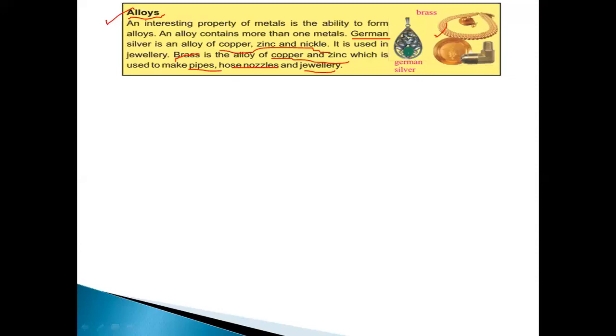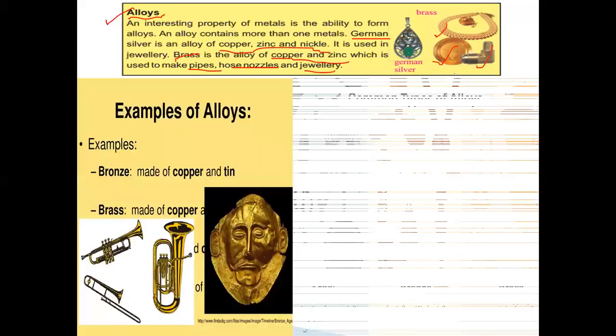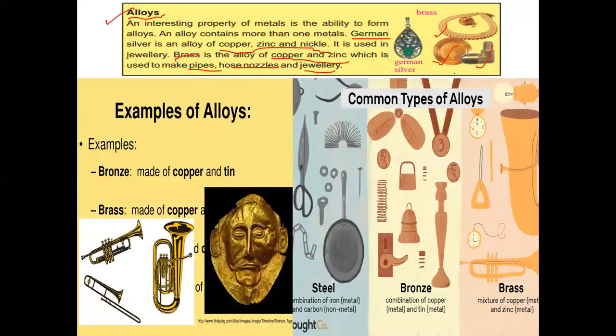You can see brass jewelry for utensils, and this is a hose nozzle. The hose is used in front of the pipe, in water pipes, and they are used especially by firefighters in the fire trucks.